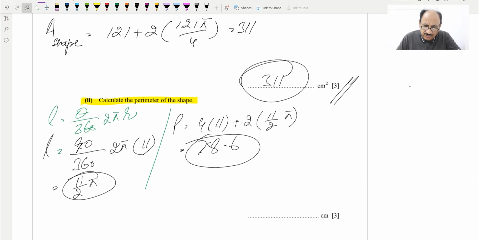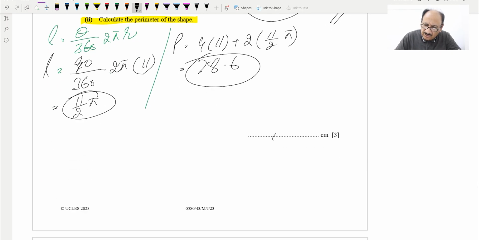This will be in centimeters, so we can erase this and write properly, 78.6 centimeters, and this is for 3 marks.